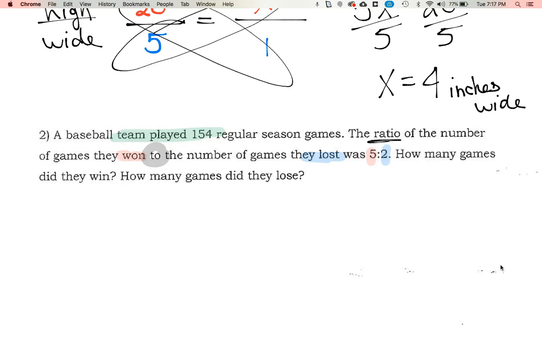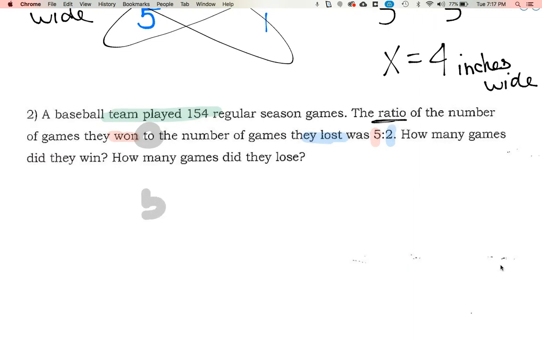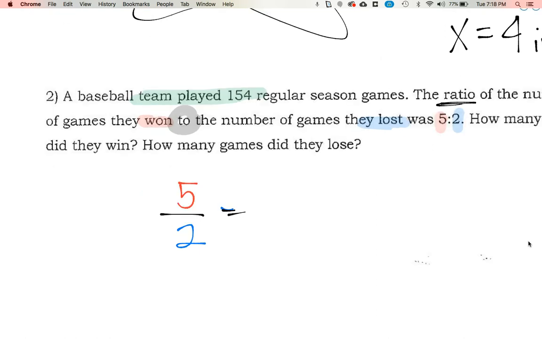So if we immediately jump to saying 5/2, then we have to make sure we say 5 is the wins, 2 is the losses.